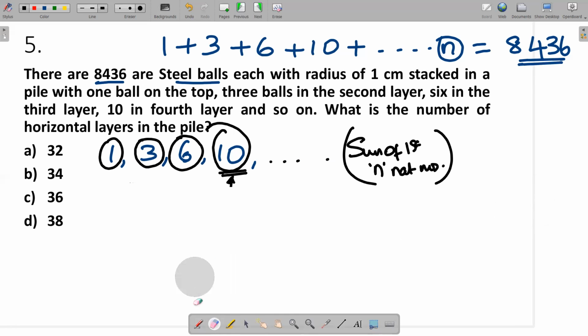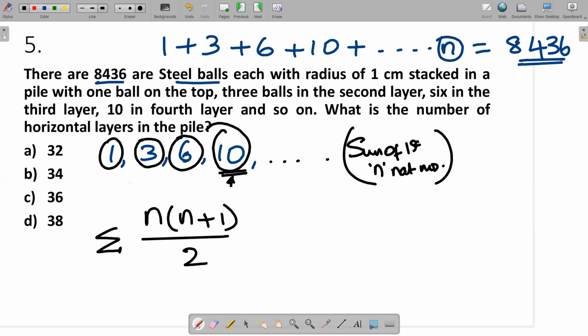Now, what is the expression to find the sum of the first n natural numbers? We already know that it is n into n plus 1 divided by 2. Now, how are you going to connect this to 8,436? Very simple. The summation from the first layer to the nth layer of n into n plus 1 by 2 corresponds to 8,436.